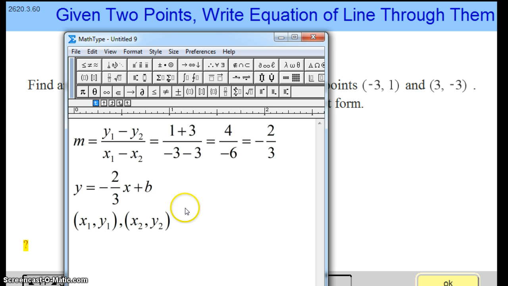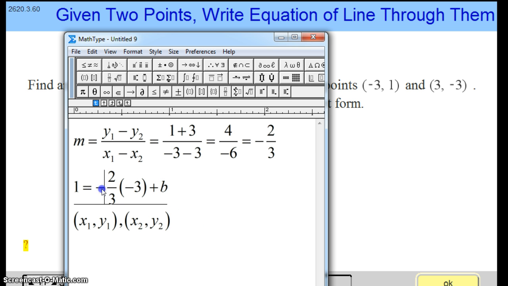So let's go ahead and do that. Okay, so let's choose a point. How about the first one, -3, 1. So let's write -3 here, and 1 here. Okay, and then you see that we just have b left, so we'll solve for that.